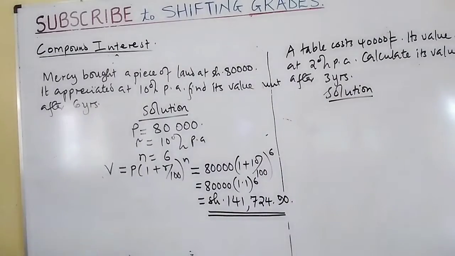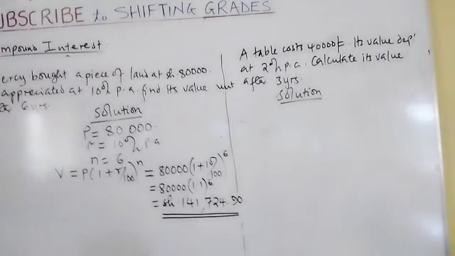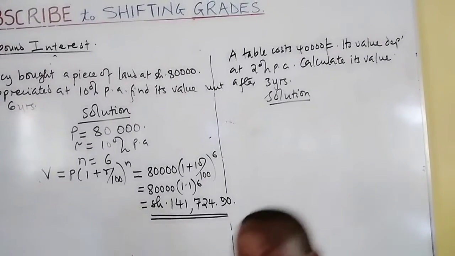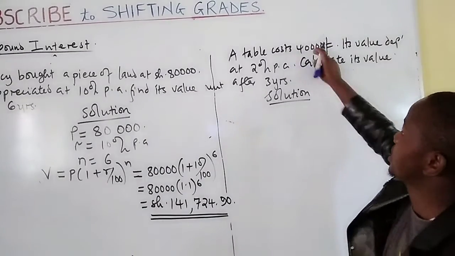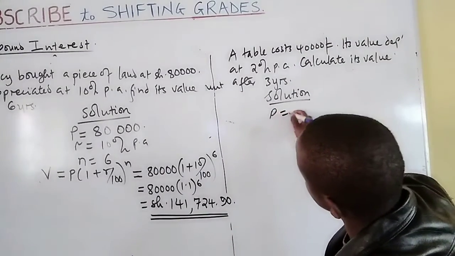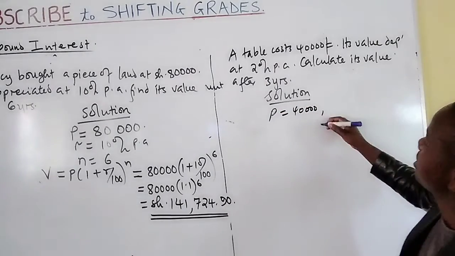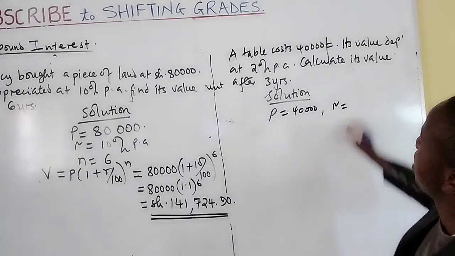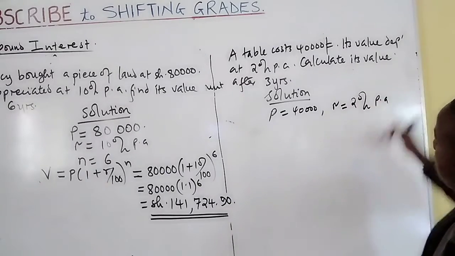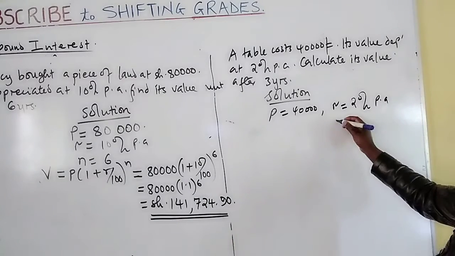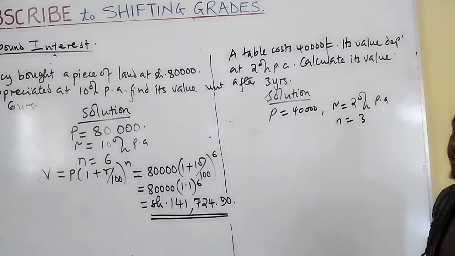Solution, very fast. Here we have a commodity which is losing value with time. It's a table costing 40,000. So we can have this as the principal, 40,000. Then it's losing at a rate of 2% per year, and we need the value after 3 years. So n will be 3.